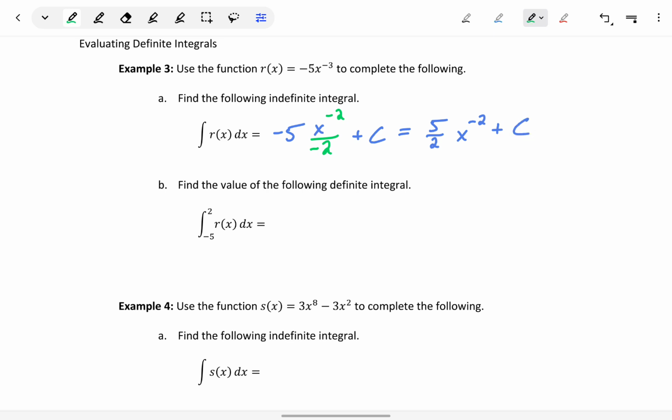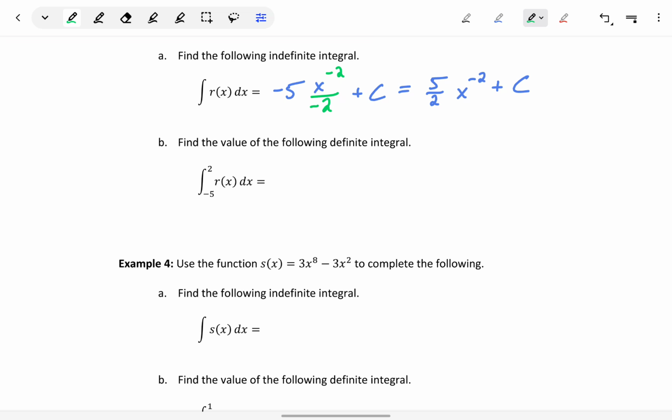integral. Then to evaluate the definite integral, we evaluate that function at the upper bound. So 5 halves times 2 to the negative 2 power minus 5 halves times negative 5 to the negative second power.